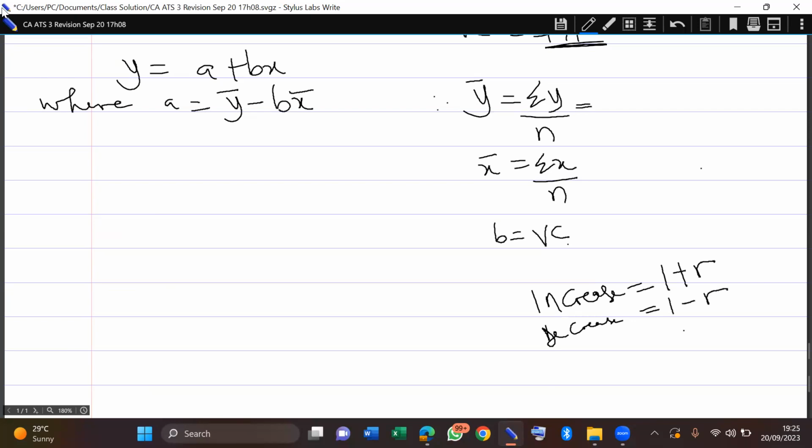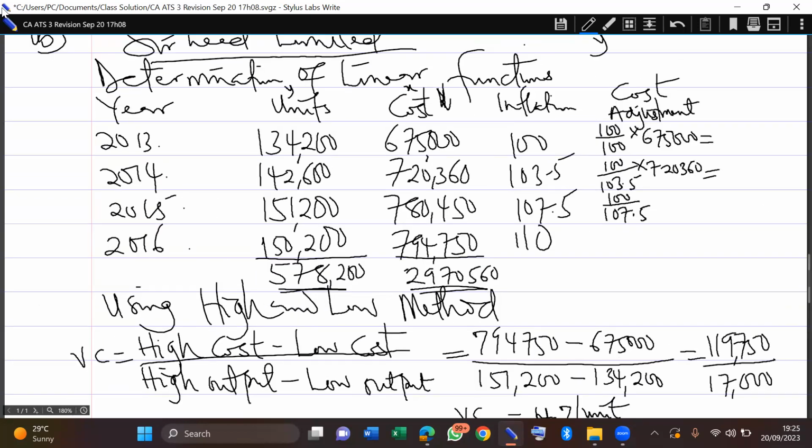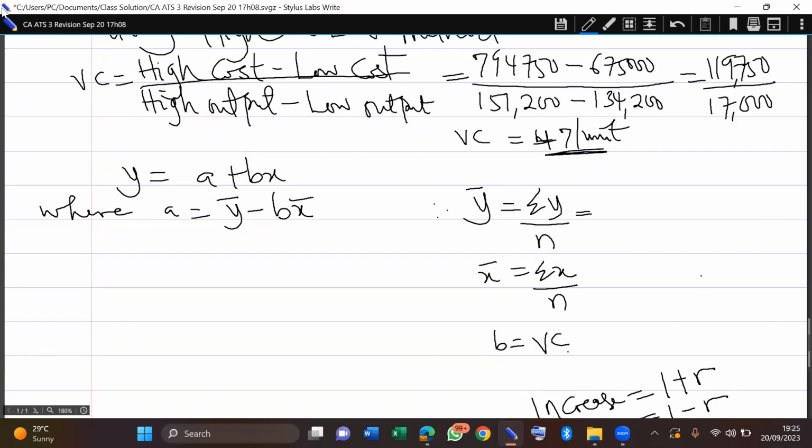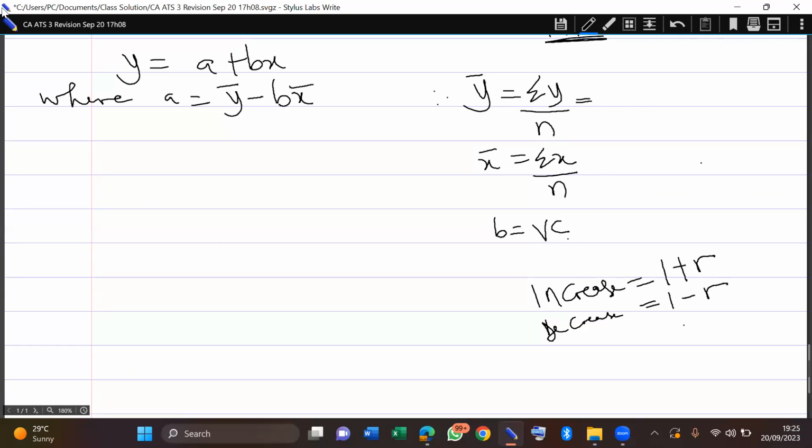They've given us percentage. This percentage is 103.5%, that is the R. Now add 1 to it.